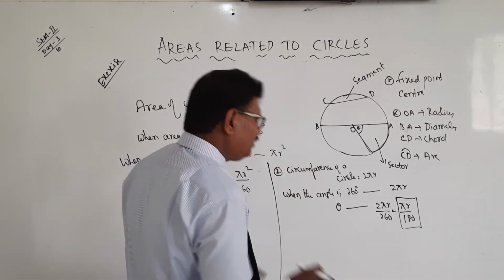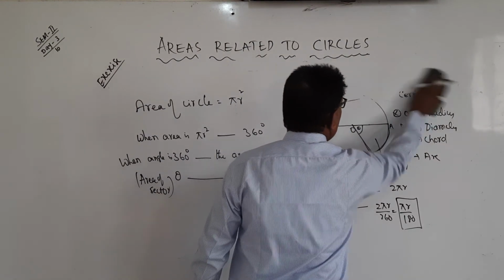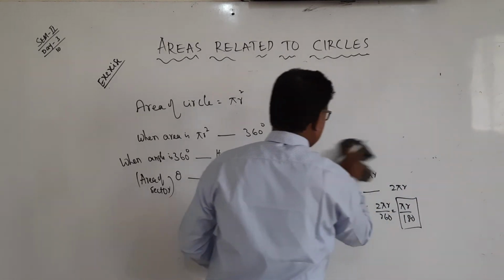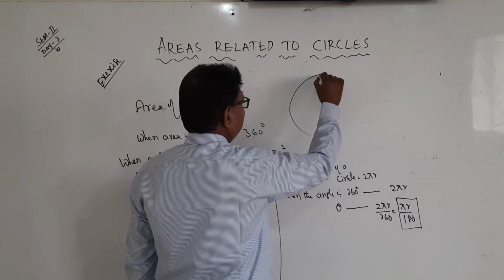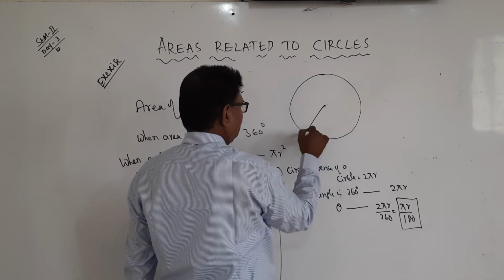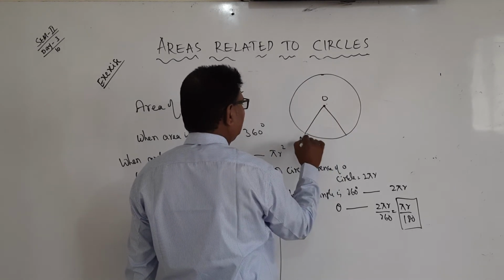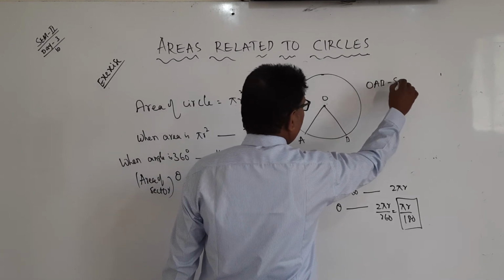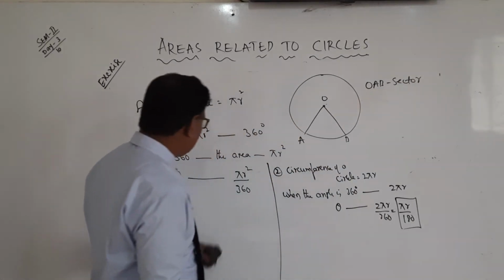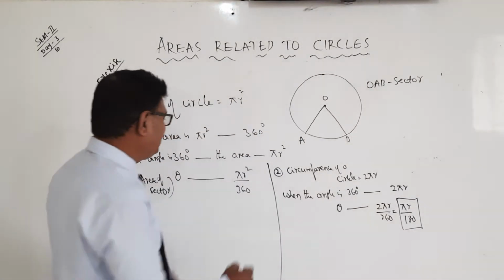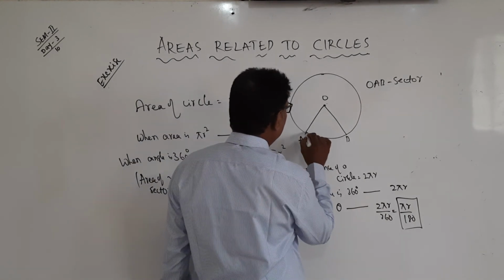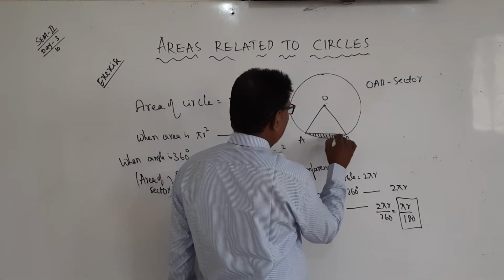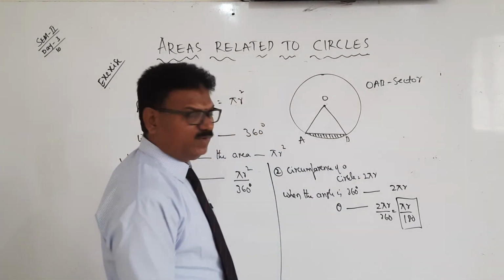Okay? Yes. One more very important concept, I show one by one. This is the circle. So this is nothing but OAB. OAB is nothing but a sector. So area of sector, what we found out? Pi r square theta by 360 degrees. For example, you join like this. You want this area. Very simple.